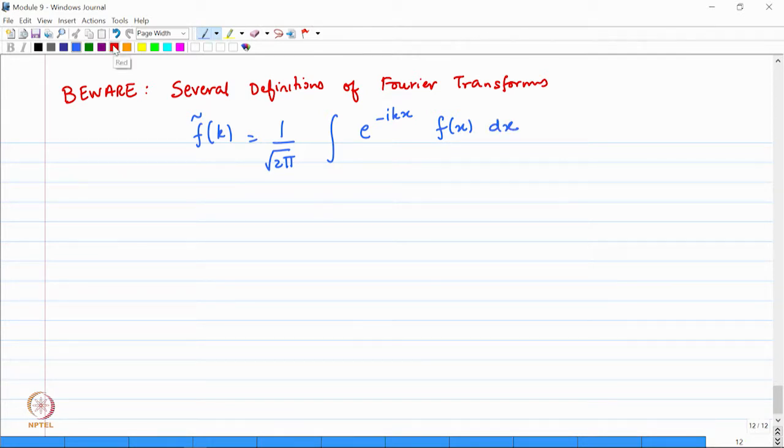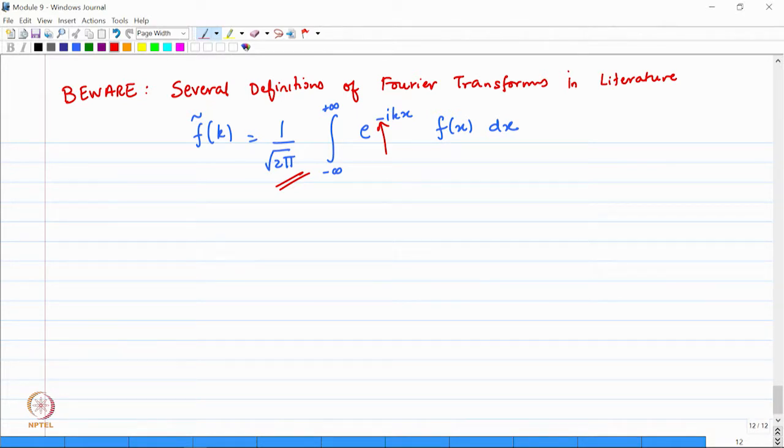Now, there are books which might not have this factor of 2 pi. In some places the square root of 2 pi is not included. Some places might have a positive sign. Sometimes even the i is taken in front. So, there are several definitions of Fourier transforms in the literature.